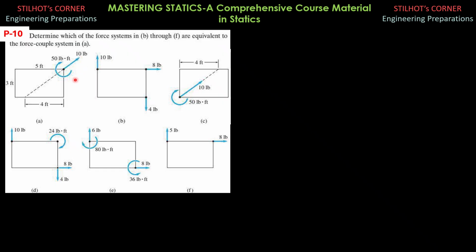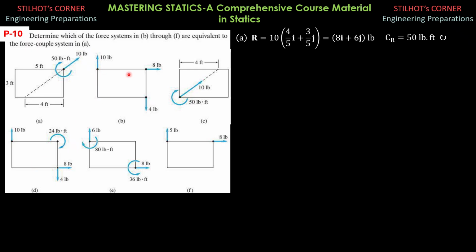It is 10 times the quantity 4 over 5 i, because this is 5, plus 3 over 5 j, and the magnitude is 10. Simplifying, that's 8i plus 6j pounds. For the moment, it's already there. It's 50 pound-foot resultant couple clockwise.